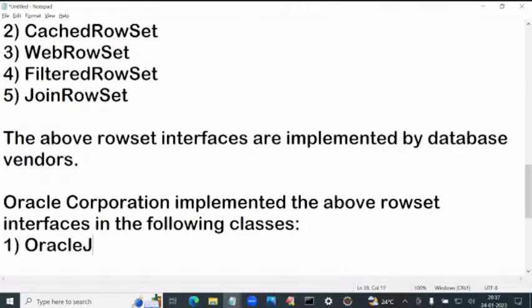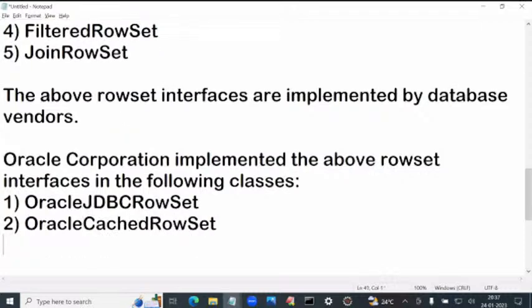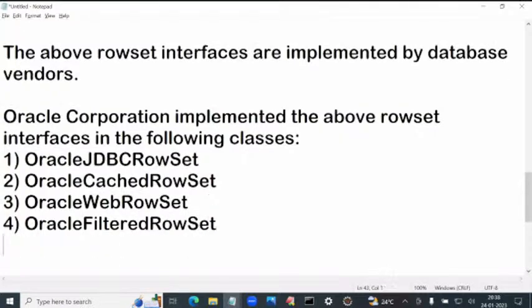First one, OracleJDBCRowSet. Second one, OracleCachedRowSet. Third one, OracleWebRowSet. Fourth one, OracleFilteredRowSet. Fifth one, OracleJoinRowSet.